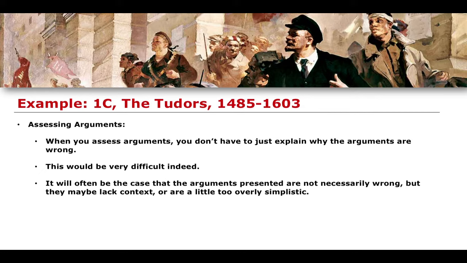These are all ways in which you can assess an argument. So you could say, for example, this argument that Bertrand makes is correct, okay, but it's lacking context. It doesn't mention another thing that also happened in the history. It doesn't explain why this is the case. It is too simplistic in its explanation of the events. These are all ways in which you can assess the argument.